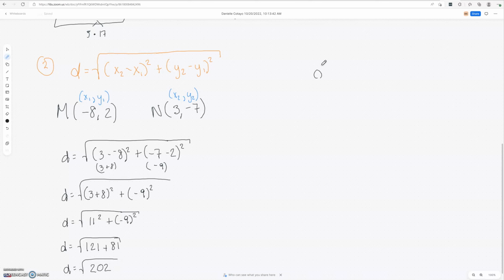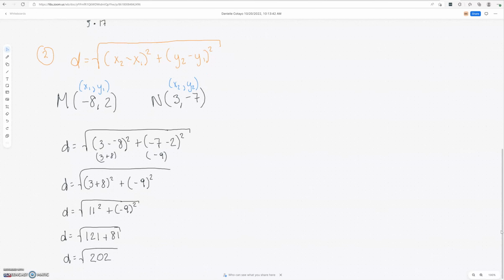I'm going to see if I can reduce that in any way. So the distance is equal to the square root of 202. 202 divided by 2 is 101.